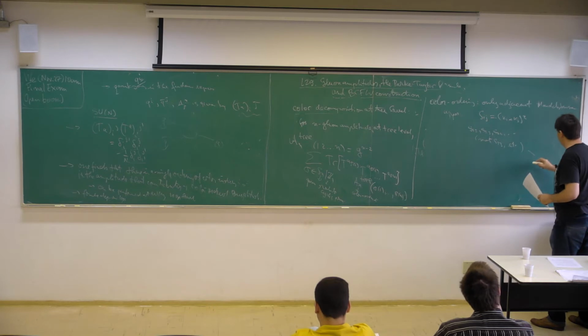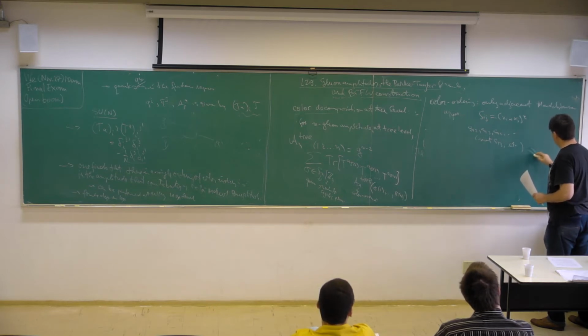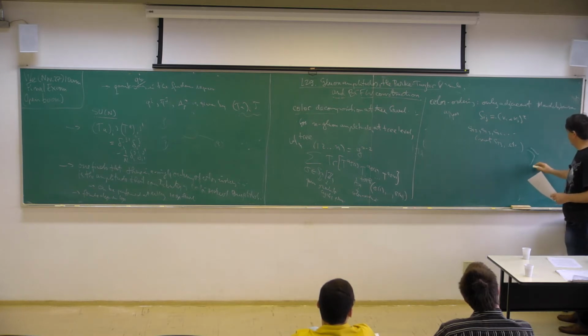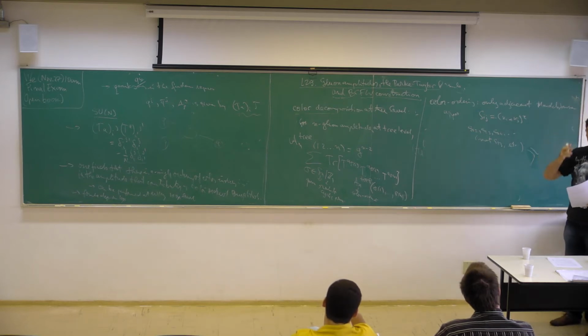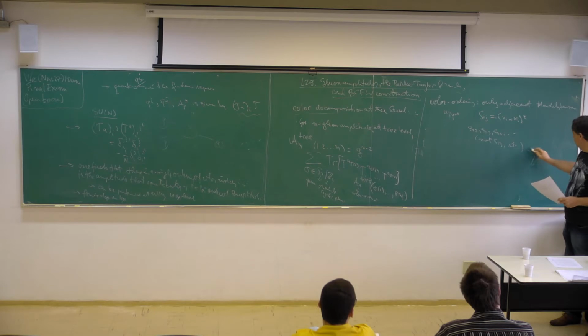Okay, so that's what we mean. Strictly speaking, I haven't described this, and it's perhaps confusing, but it's worth remembering as a mnemonic device that when you have amplitudes with gluons, you can describe them in terms of double lines.